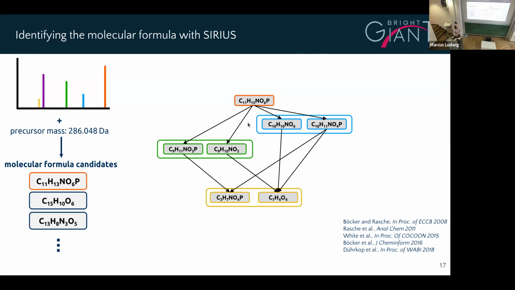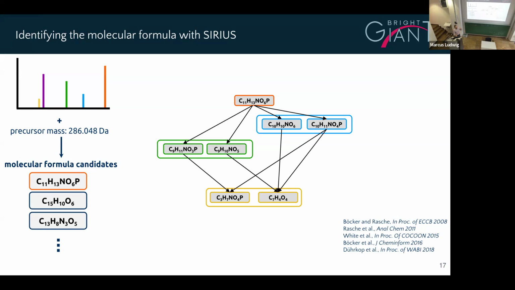But what you see here is for each fragment peak, we now have, again, some candidates of molecular formulas. And now we want to find the best explanation with molecular formulas for the fragmentation spectrum. And the way we do it is we build this graph where you connect molecular formulas via edges if one molecular formula is a subformula. So these are hypothetical losses which could be present in your fragmentation spectrum.